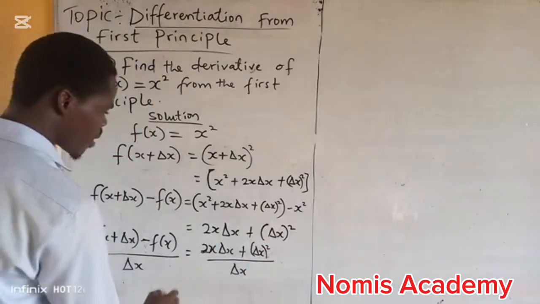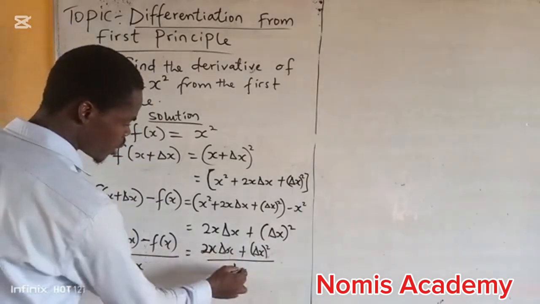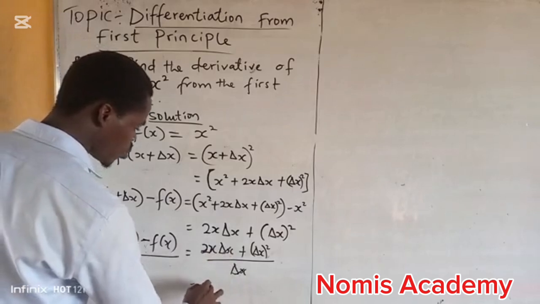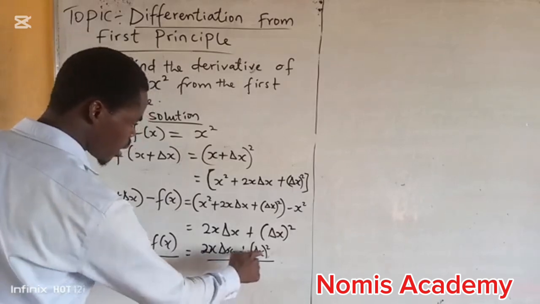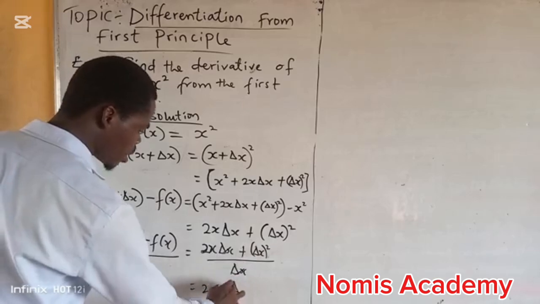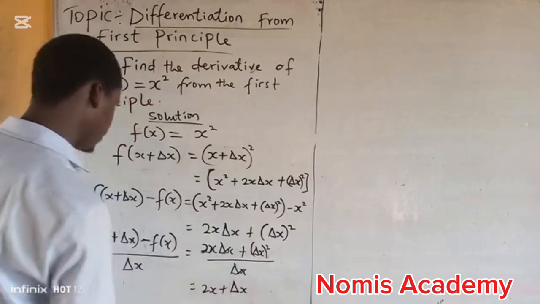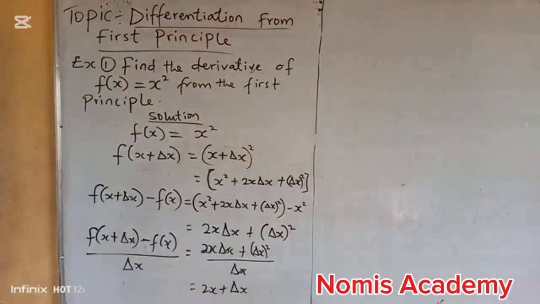Now, when you divide, of course, you know this, we cancel this, we are left with 2x. And then plus this, we cancel this, we are left with delta x. So let's go further.